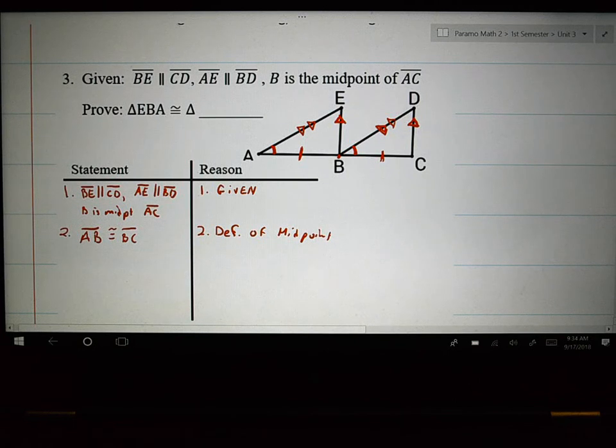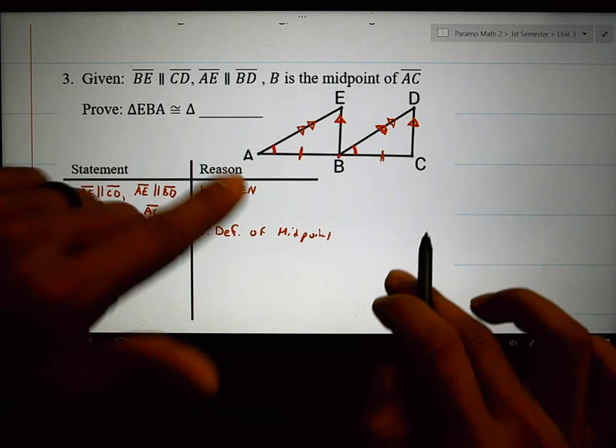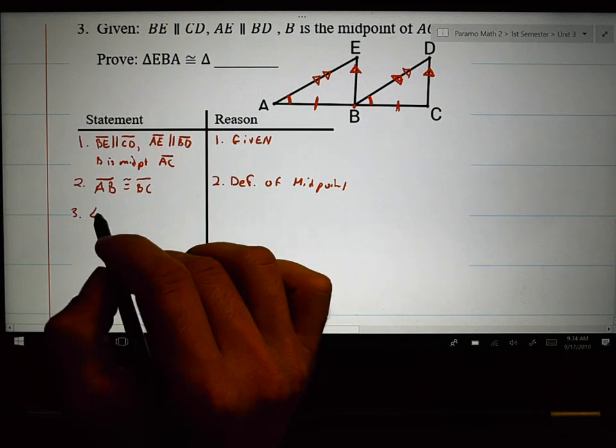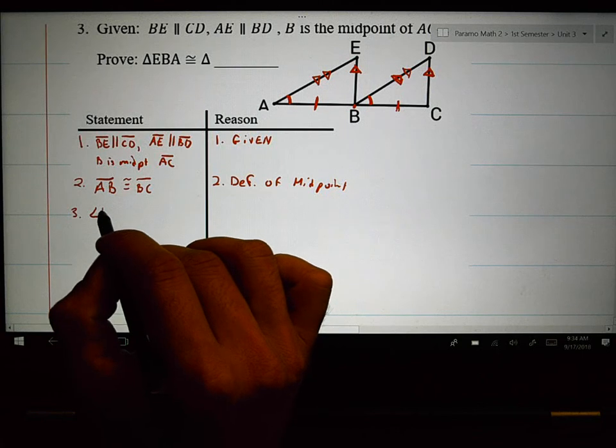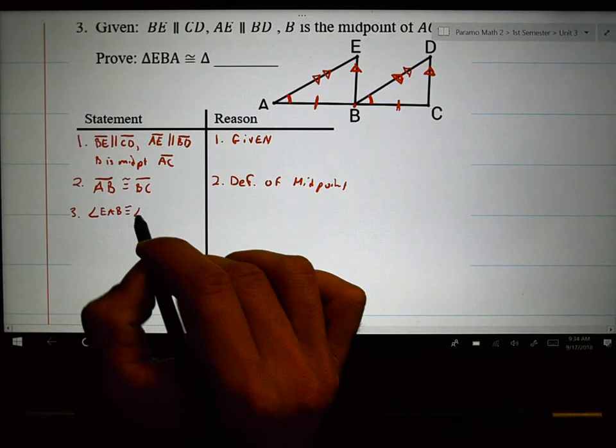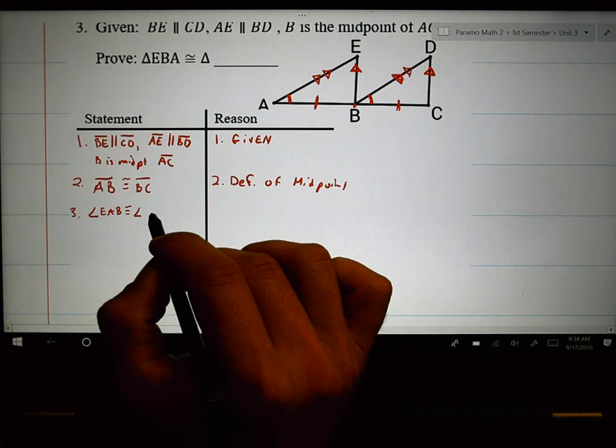Why are those angles congruent to it? What type of angles are these? Wait, before I do that, let's write that down. Number 3, angle EAB, side vertex side, is congruent to angle DBC.